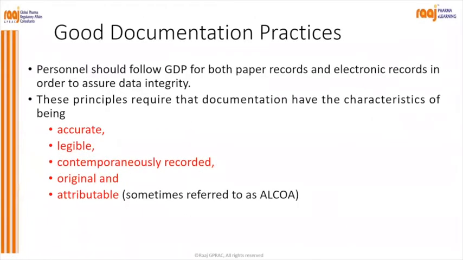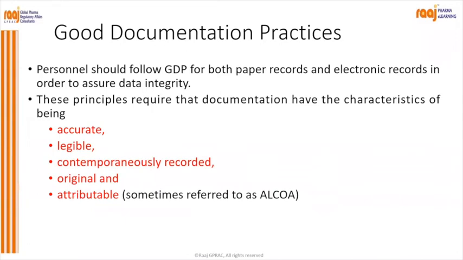As I was saying, ALCOA means what? A stands for accurate, L for legible, C for contemporaneously recorded, and O for original and attributable. Personnel should follow GDP for both paper documents and electronic documents in order to ensure data integrity.